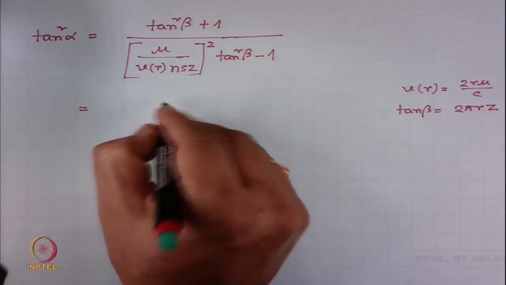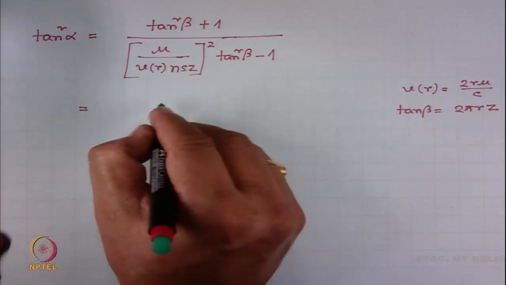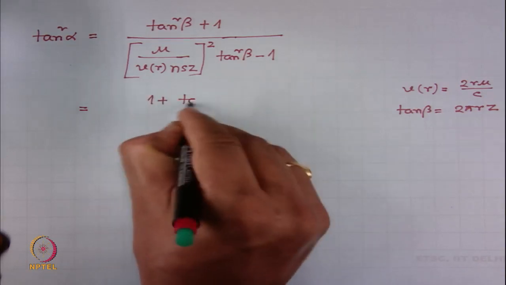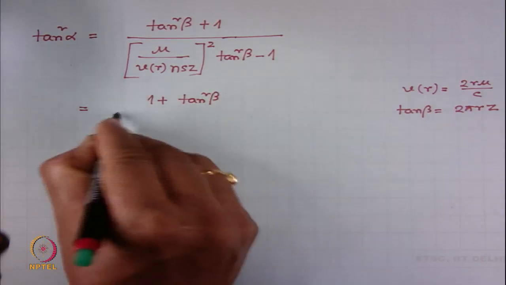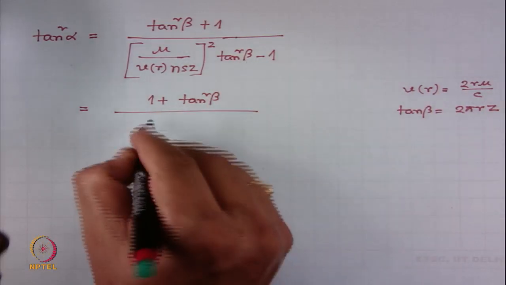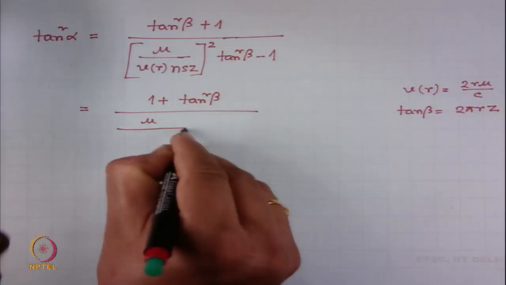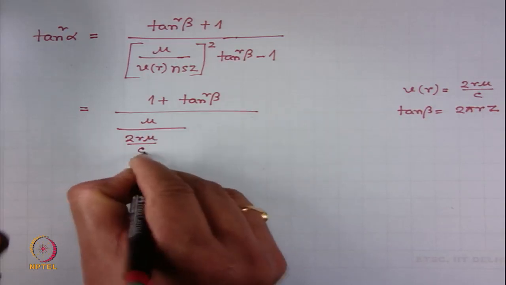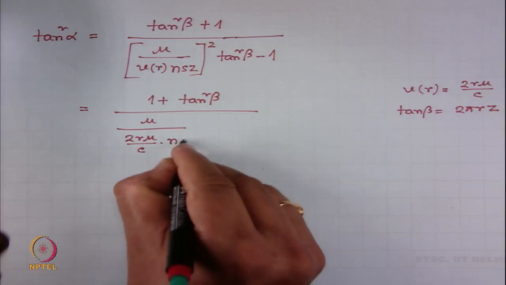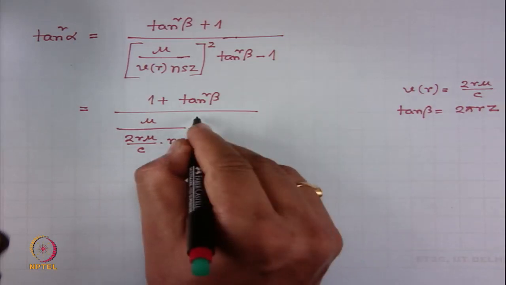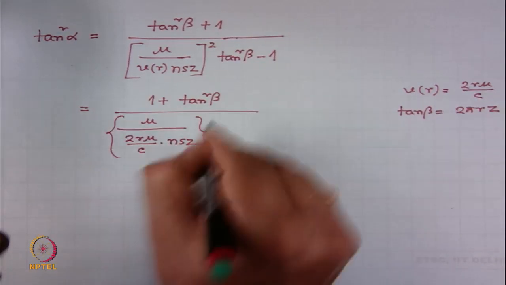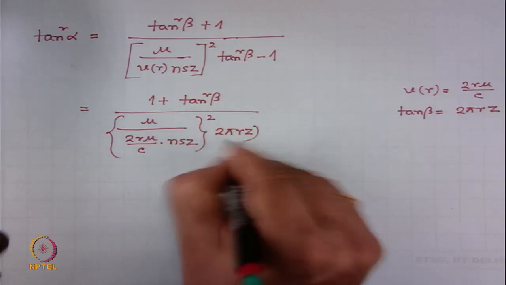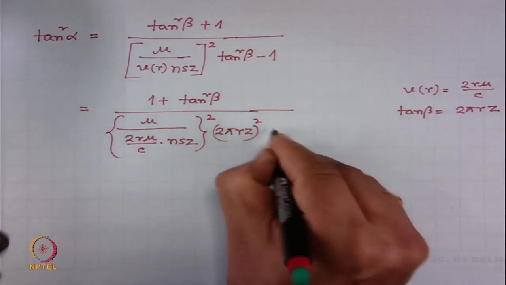So, tan square beta, let us write as tan square beta here, we will substitute in the denominator mu nu r, 2 r mu by small c into n s z square, tangent beta 2 pi r z square minus 1.